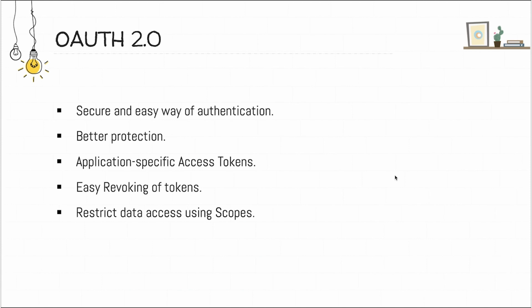Once you do that, with the client ID and client secret, you would be able to generate all of the different tokens. For example, the third point here, application specific access tokens. For each application that you register with Zoho, an access token is generated just for that application. And even better, you can use the scopes here to restrict data access.